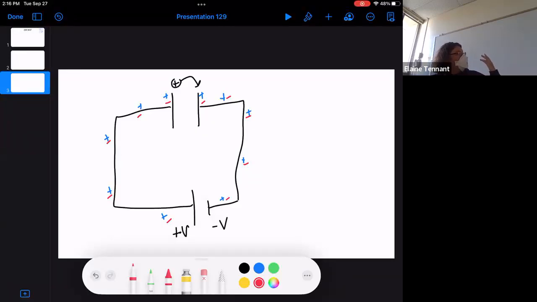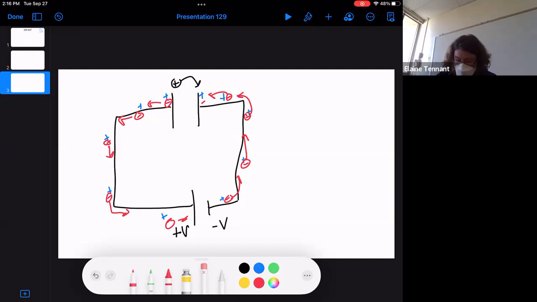And so what we're going to see is all these negative charges start to move off one side of the plate around to the other side of the plate. Does that make sense?